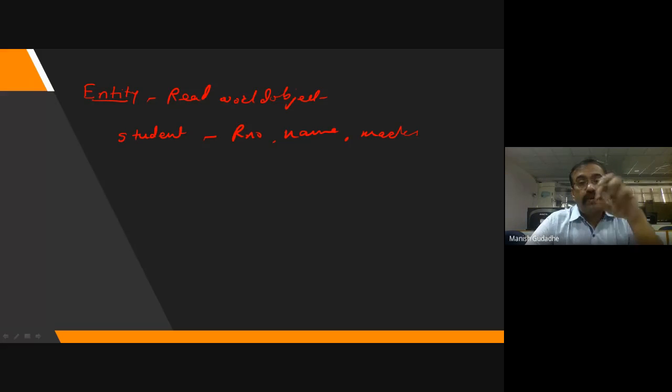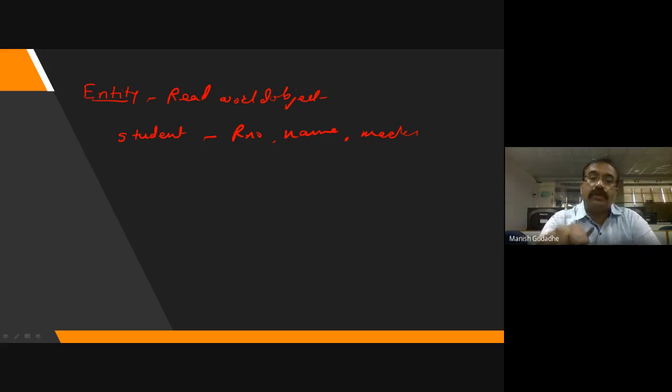So I can say that roll number 1 and roll number 10 are two different entities, but they are of similar type. They are of type student. Both of them have a roll number, a name, and marks. But roll number for both students will be different, name will be different, and probably marks may also be different.